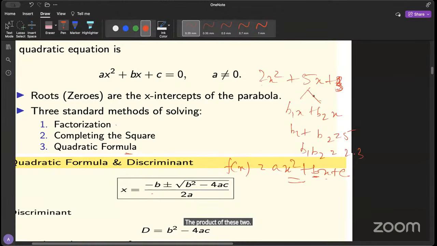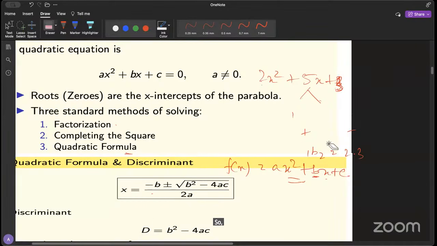So I can split it into 2 and 3, right? 2x plus 3x is equal to 5x, and the product of 2 and 3 is 6.